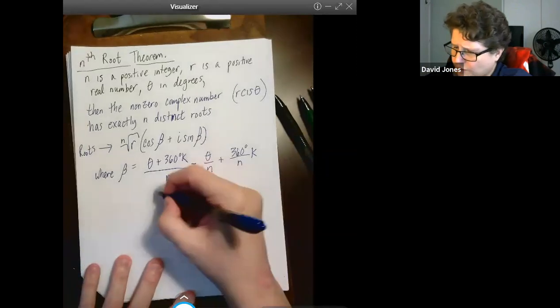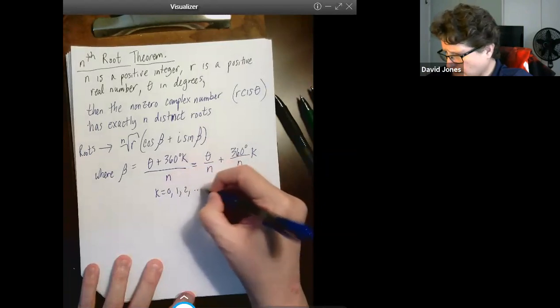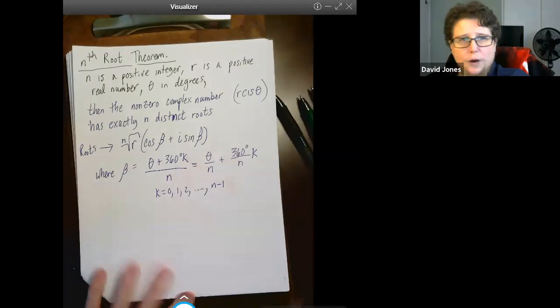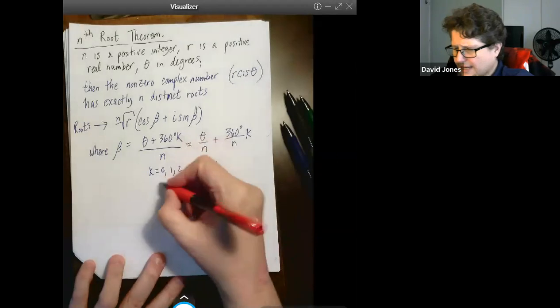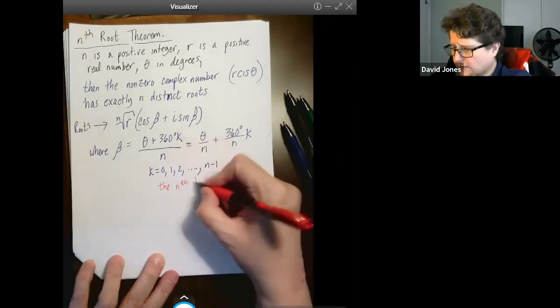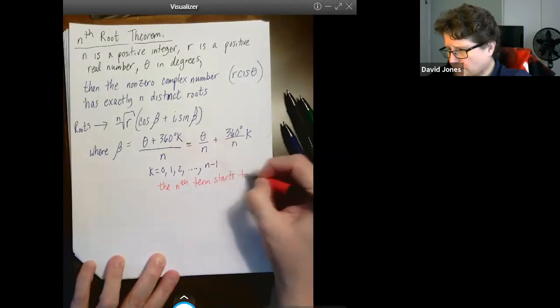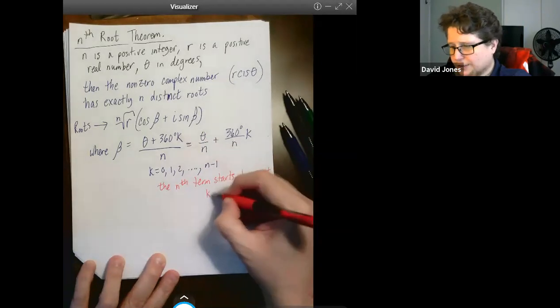And k goes from 0 up to n minus 1. The reason why it stops at n minus 1 is the nth term starts to repeat. In fact, it repeats the k equals 0 term.